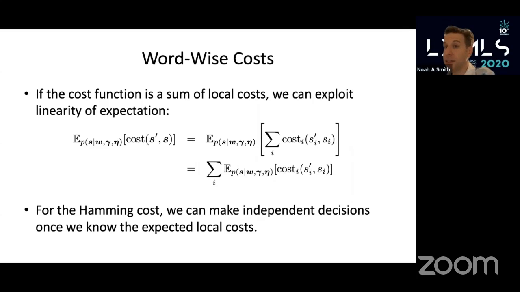The Hamming cost is an example of this, where we've essentially said that you pay 1 or some fixed cost at every position where S prime doesn't match S, but there are more, and you could actually define any cost function you wanted, and as long as it's local, you can exploit the forward and backward formulas to find the minimum cost choice at each position, minimum expected cost choice or minimum Bayes risk cost choice at each position.